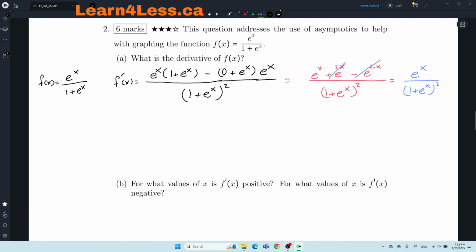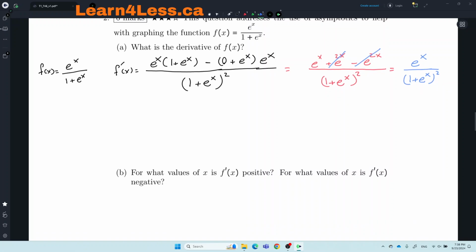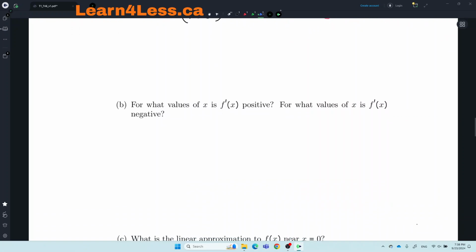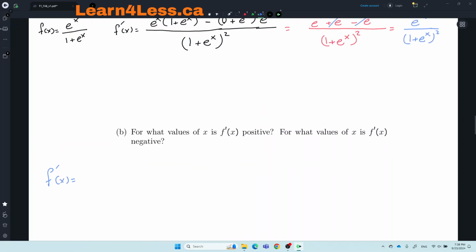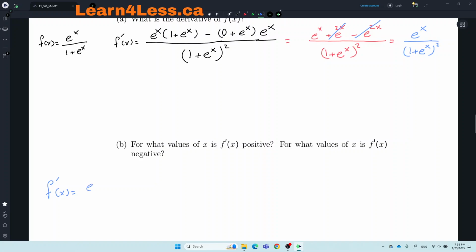Okay, so the second part they are asking: for what values of x is f prime of x positive? For what values of x is f prime of x negative? Let's see. So let's rewrite f prime of x. Based on what we got, f prime of x is e to the x over (1 plus e to the x) squared.